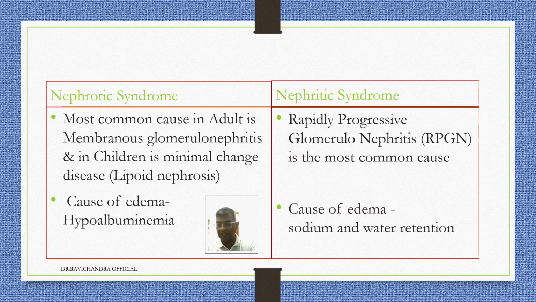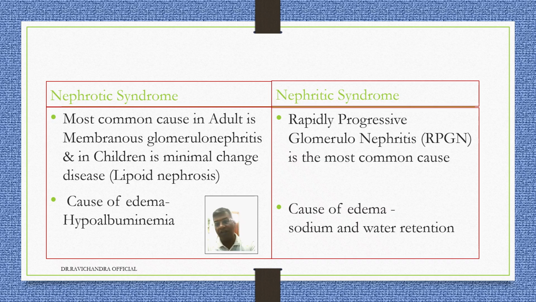Whereas the most common cause for nephritic syndrome will be RPGN, rapidly progressive glomerulonephritis. These most common conditions you must know. In nephrotic syndrome, in children it is minimal change disease, and in adults it is membranous glomerulonephritis, or you can remember like MCD in children and MGN in adults for nephrotic syndrome, and RPGN in nephritic syndrome.